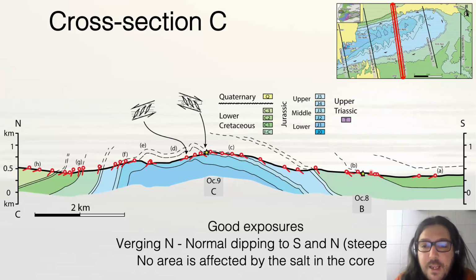In the southern flank, this formation is around 550 meters thick, and in the northern flank it is 400 meters. On the contrary, the thicknesses of all the formations that are older remain consistent.